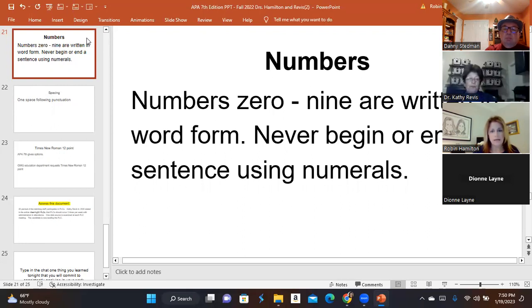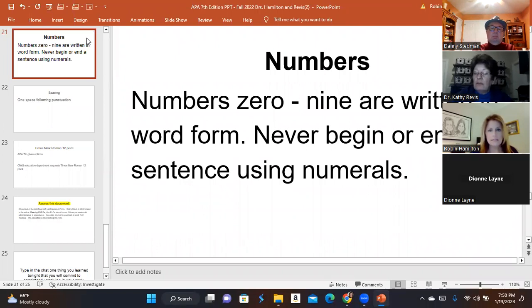Numbers 0 through 9 are written in word form, and you never begin or end a sentence with numerals. So this is what will happen. You'll say, proficiency for 3rd grade reading was 96. Well, you can't do that because you can't end a sentence with a numeral. If you're going to have that kind of sentence structure, you're going to have to write that out.